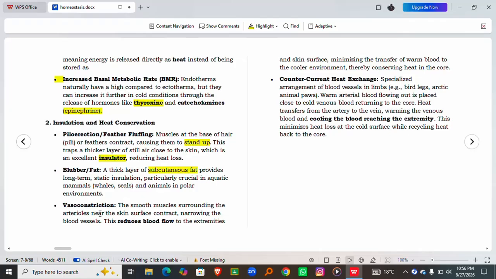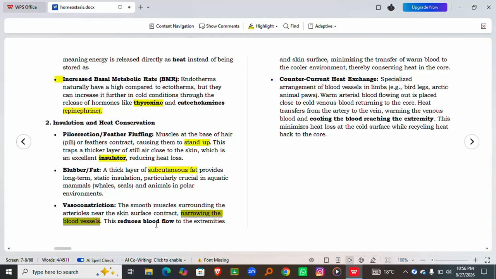Then the other point is vasoconstriction. The smooth muscles surrounding the arterioles or the blood vessels near the skin try to contract and narrow the blood vessels, reducing the diameter of the blood vessels. To constrict is to reduce in diameter.